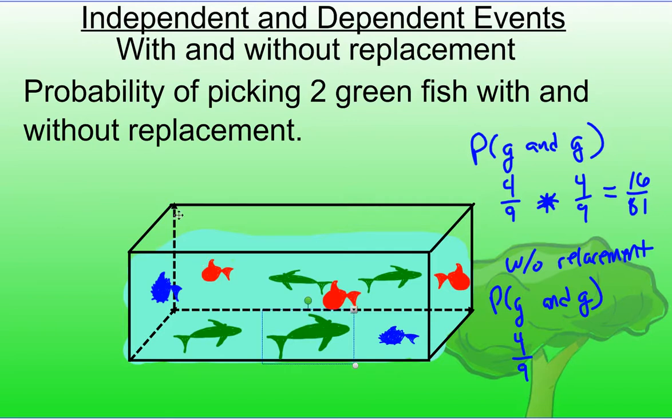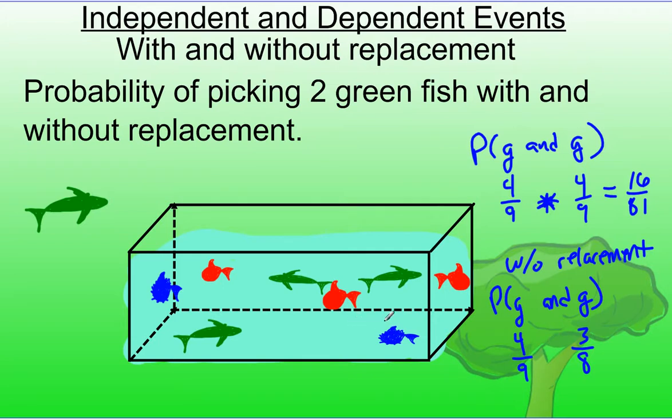Now, that fish is not going to be replaced. So now, what's the probability of getting another green fish? Now there's only 3 green fish, and in my fish tank there's only 8 fish. So this would be a dependent event because the chance of getting another green fish depended on what happened the first time.